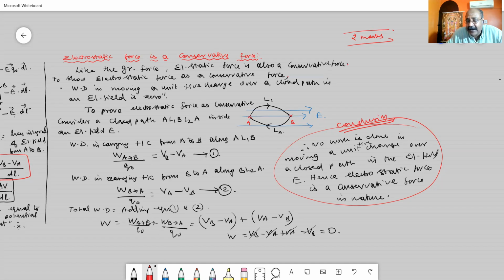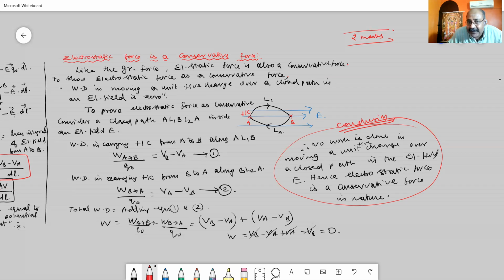Inside that uniform electrical field E, you take two points, one point A and another point B. Now I am moving a unit positive charge from point A to point B along the path A, L1, B. After reaching B, I return to A over a path L2.